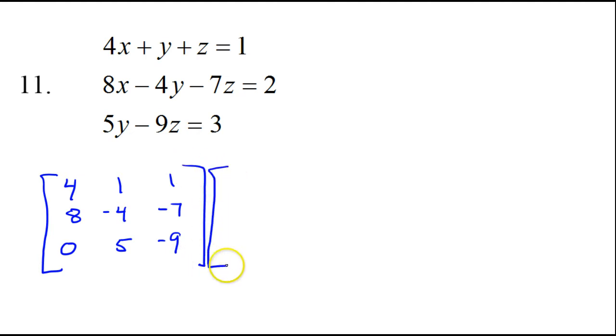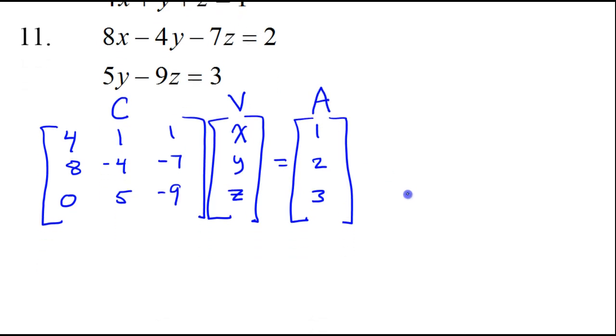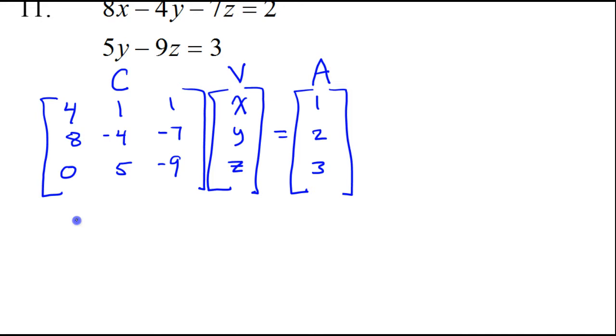And then you write your variable matrix, x, y, z. And then your answer matrix, 1, 2, 3. Let's label these. C for coefficient matrix, V for variable matrix, and A for answer matrix. So what we have right now is C times V is equal to matrix A.